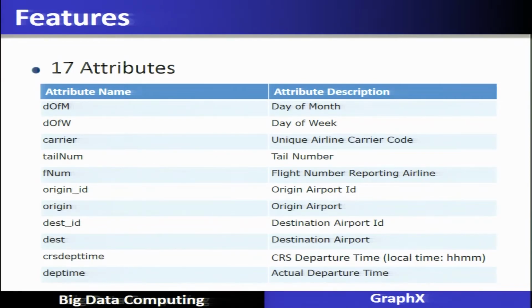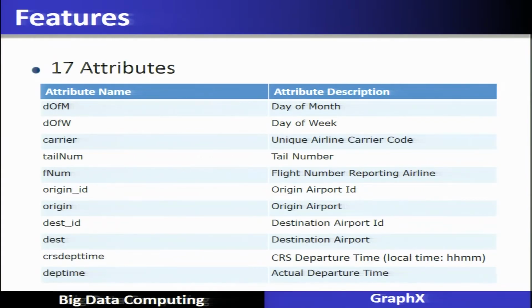If we look at the features of this data set in more detail, there are 17 different attributes. For example, DOFM is the day of the month, DOFW is the day of the week, carrier is the unique airline carrier code, tail number is the tail number, and flight number is the reporting airline's flight number. Origin ID is the origin airport ID, and origin is the origin airport. Destination ID is the destination airport ID, and destination is the destination airport.